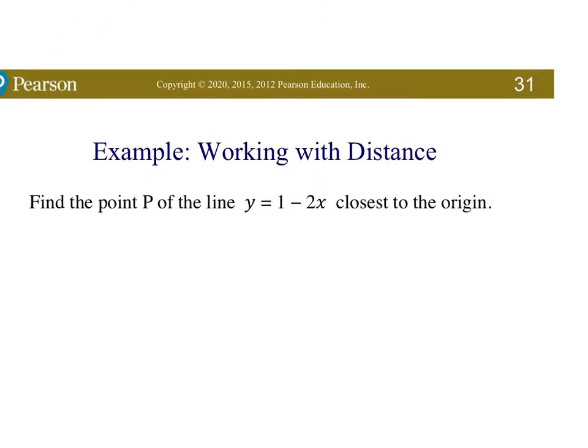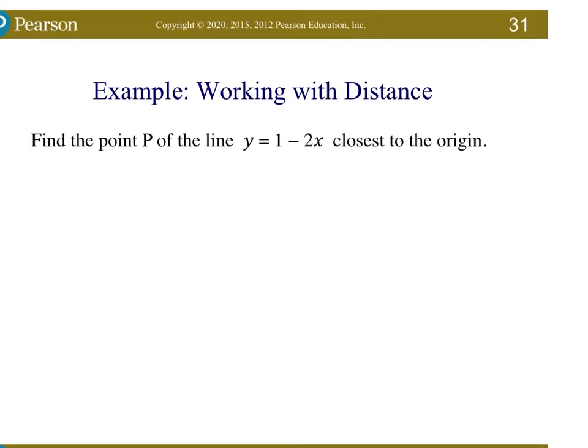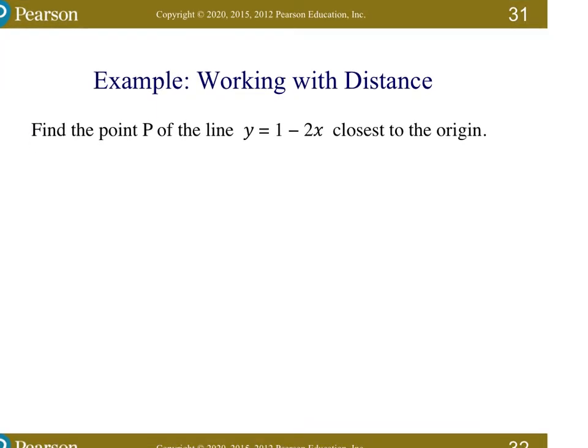So let's actually do a question. Find the point P on the line 1 minus 2x closest to the origin. Okay, closest to the origin. All right, well, let's get a visual of what we're looking at here. Okay, here's the origin, 0, 0.